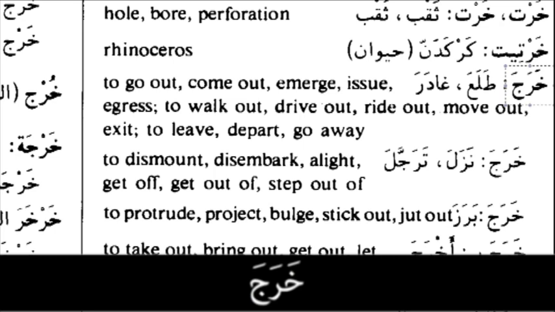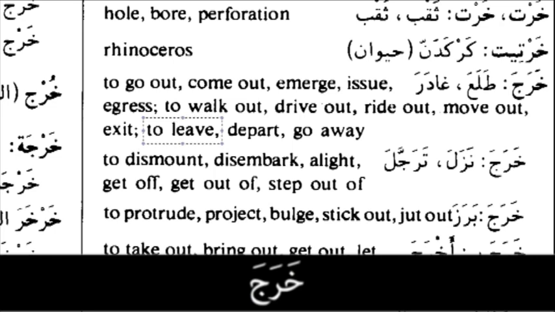Now it's important to know that when you locate verbs in this dictionary, you will find that they translate the verb in English with the word to and the verb in the present. For example, kha-ra-ja has been translated as to go out, or to exit, or to leave.